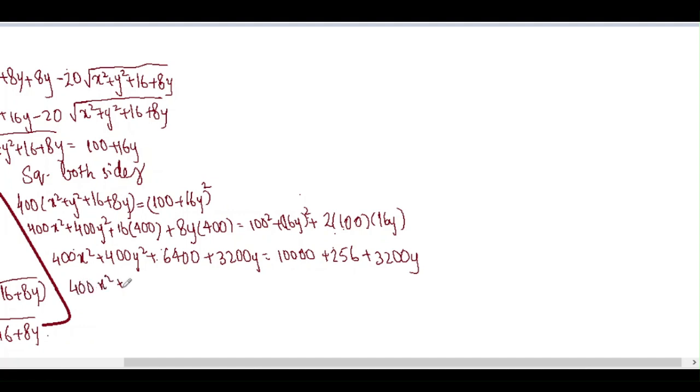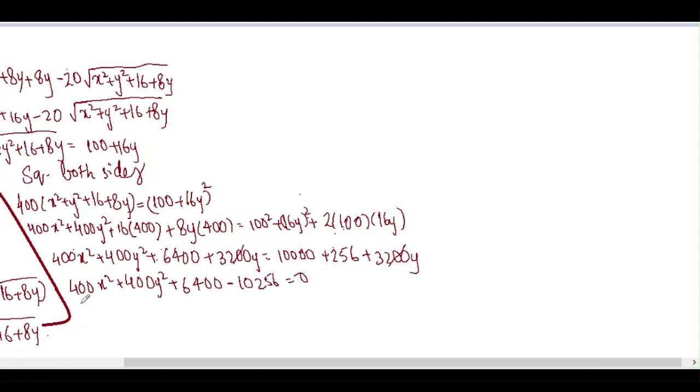400 x square plus 400 y square plus 3200y, and 3200y is also over here, so we are going to cancel these 3200y's, and then we have 10,000 plus 256, we get 10,256, and here it is 6400, so 6400 minus 10,256 equals 0.